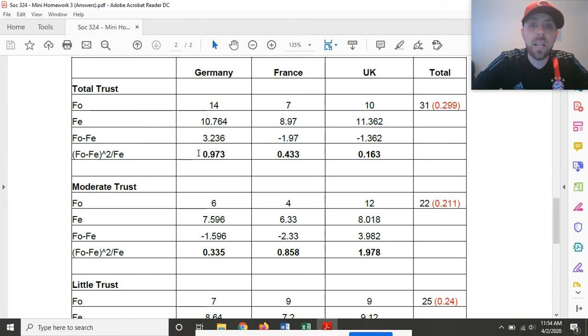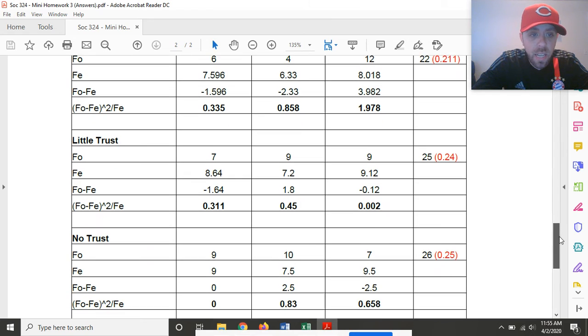I run through the rest of the table, the way that we had to work through this, and my chi-square values are as follows. 0.973, 0.433, 0.163, 0.335, 0.858, 1.978. So that's large. That means there's a big difference there between what was observed and what was expected.